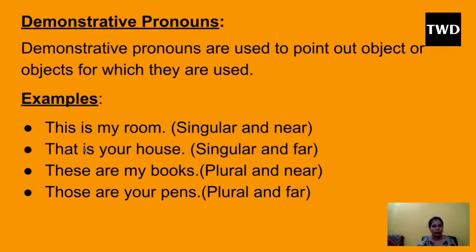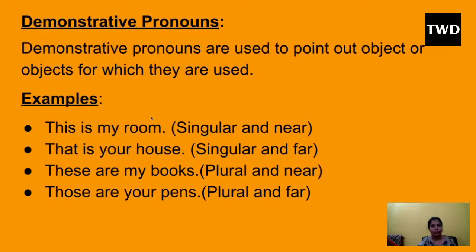This is my room. That is your house. The moment we say that, we understand that person's house is a little bit far from us, it is not near us. These are my books. These means we are talking about a group of books, more than one book, and those books are near to me.